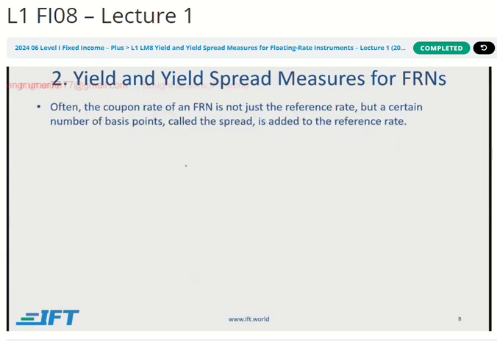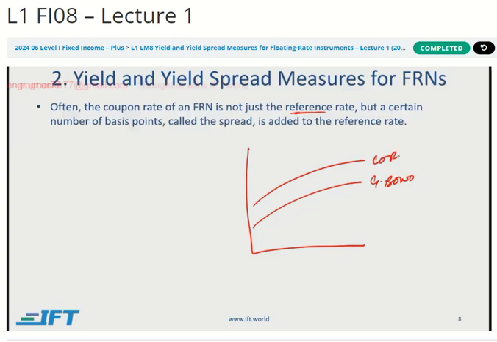Right. So the reference rate is the benchmark, of course, like we were looking at corporate bonds, fixed bonds, right? Where you had your government bond and then your corporate bond offering a spread over the government bond.